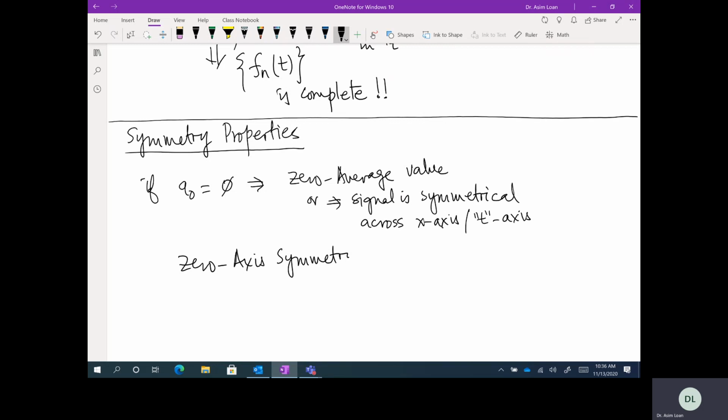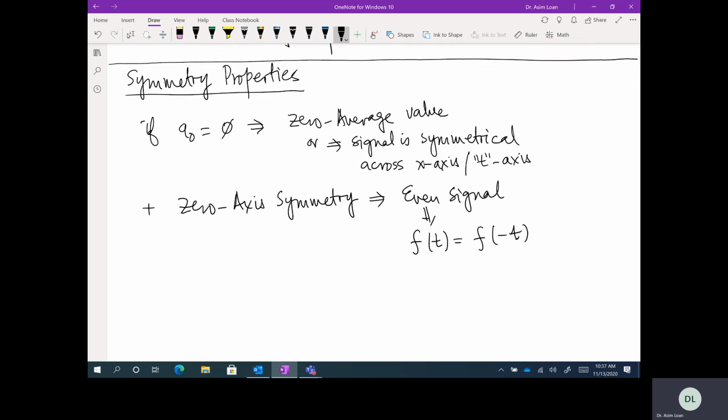This is a simplification in your A k case, so you don't have to always compute A k for every k. Zero axis symmetry implies an even signal. An even signal by definition is f of t equals f of minus t, which means it is equal to its time reversed version.